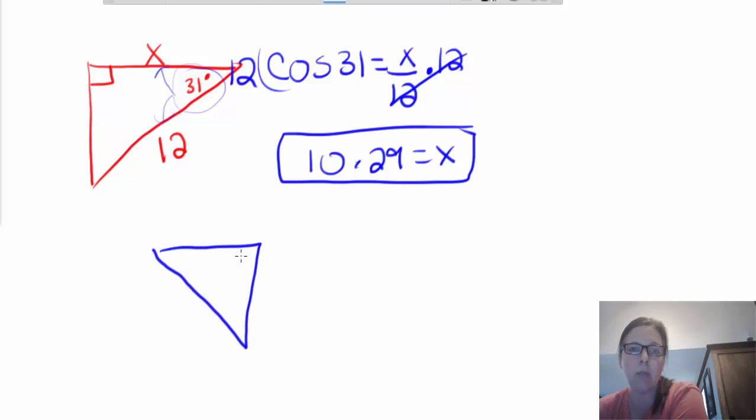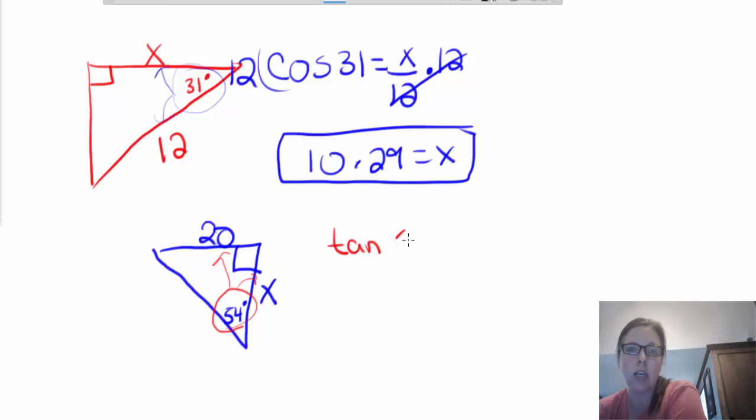Now, let's do one more. Sorry, I felt like we needed more practice than I had on there. Let's say this was 54 degrees and this was 20, and this was x. So now what info are we given? We're given this angle right here, and we're given the opposite and the adjacent of this angle.